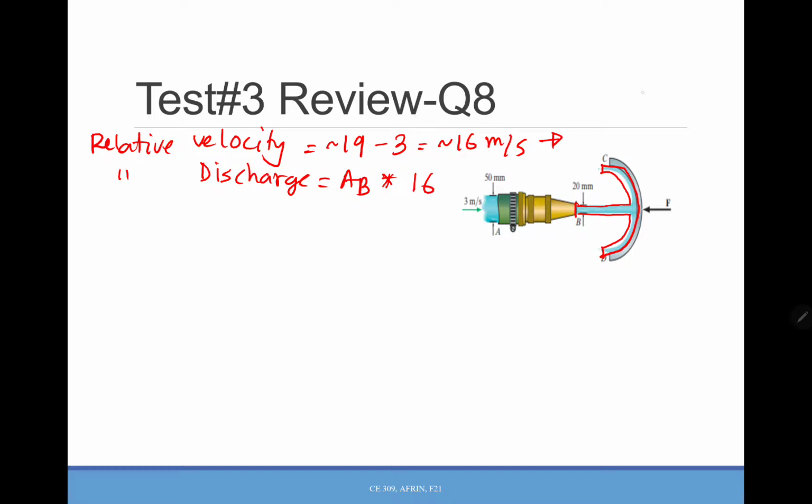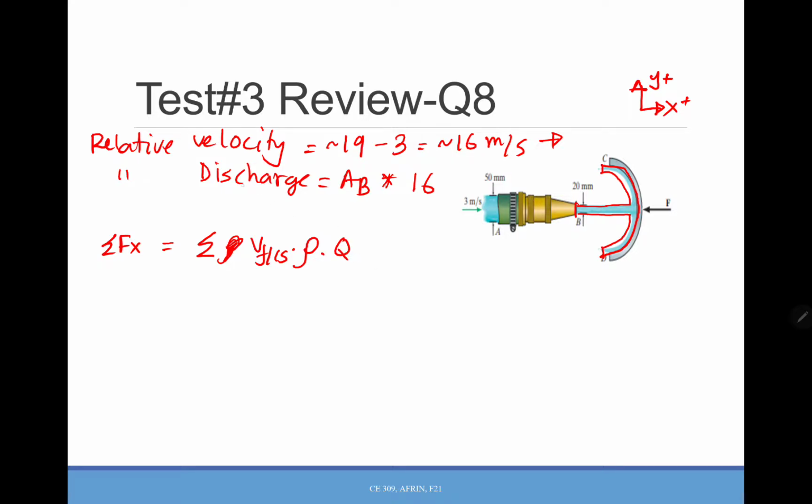What you can do, for Fx, the equation is summation of rho, at first V, rho and Q. Okay, so it will be V FCS rho and Q, right?